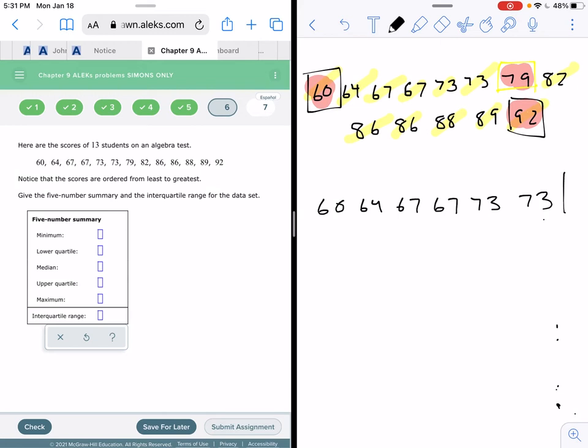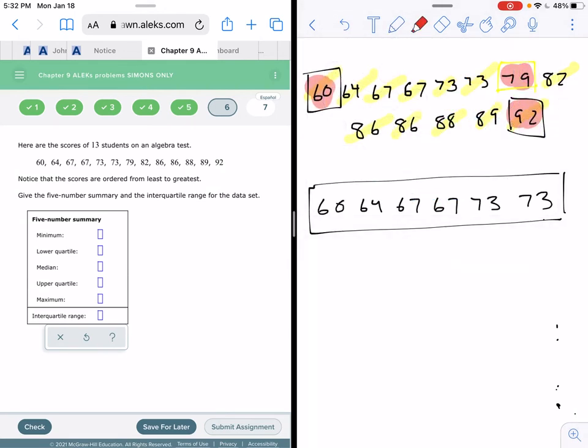This constitutes the lowest 50% of the data set. So I'm going to find the median of this, and when I find the median of this, I'm going to find something called my first quartile, my lower quartile, or Q1 as they call it in some places.